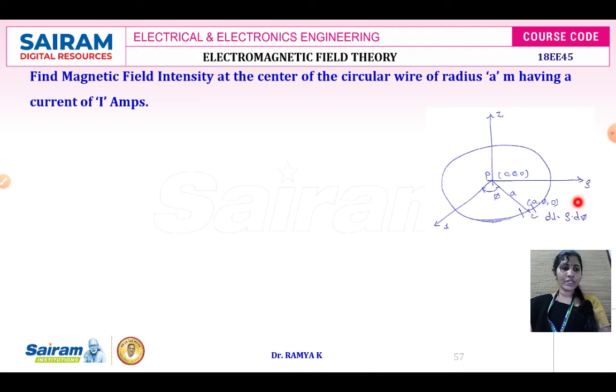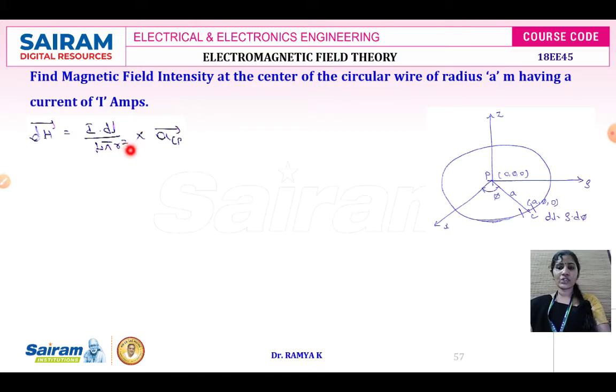The differential current element dl is equal to rho into d phi, which is maintained at a distance a meter. So in place of dl, you can write dl is equal to a into d phi. According to Biot-Savart's law, we know that dH is equal to I into dl divided by 4 pi r square cross product with a_R vector.